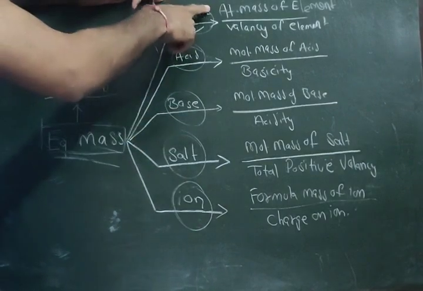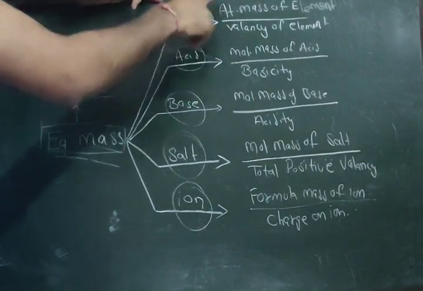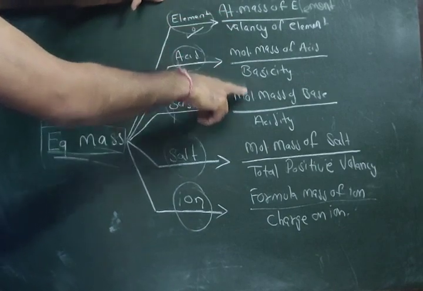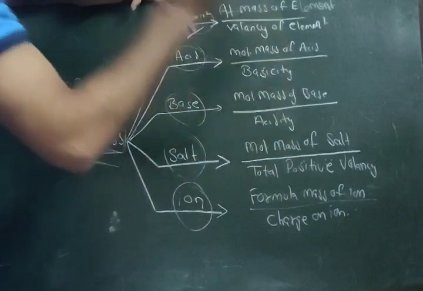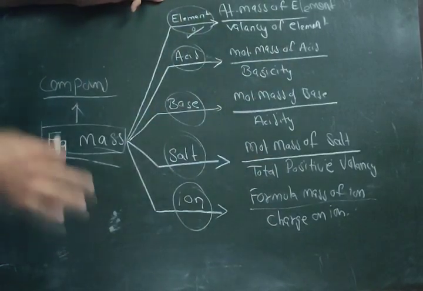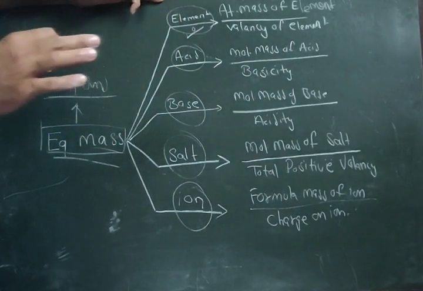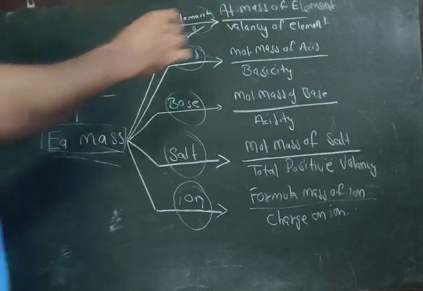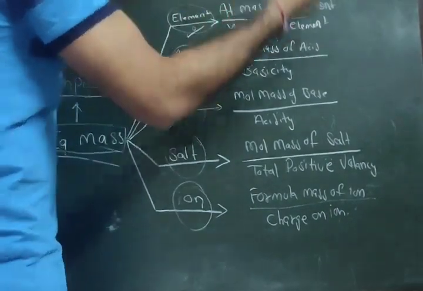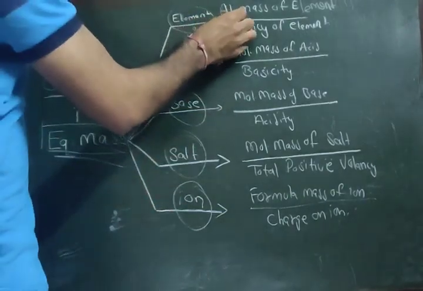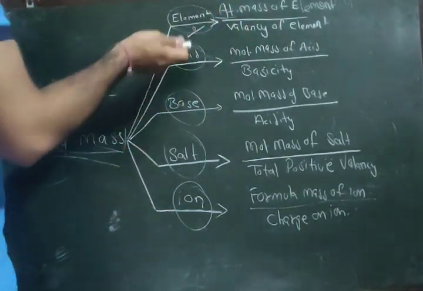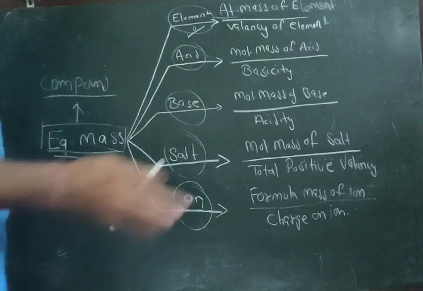In the numerator part of every formula you will see the molecular mass. What we add in the numerator is the molecular or atomic mass. If we are talking about an element, we consider the atomic mass. If it is a compound, we consider the molecular mass.